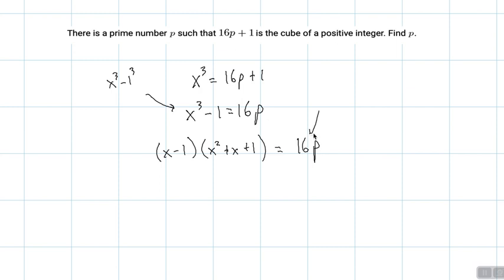One thing that's true is since we have an even number times an odd number, this whole product, 16p, will be even. And so since that's true, since 16p is even, that means that this is even.